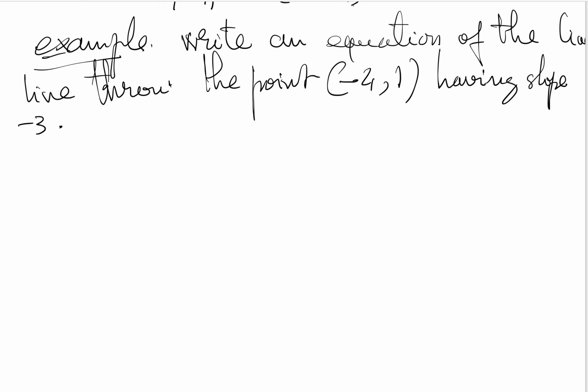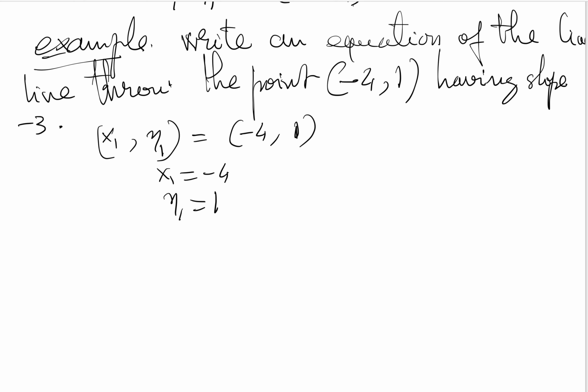So first, you remember the x1 and y1. That coordinate is just -4 and 1. X1 is -4 and y1 is 1. Now you can just apply the formula y minus y1 is equal to m, remember the m is the slope, times x minus x1. So now you can just replace it.